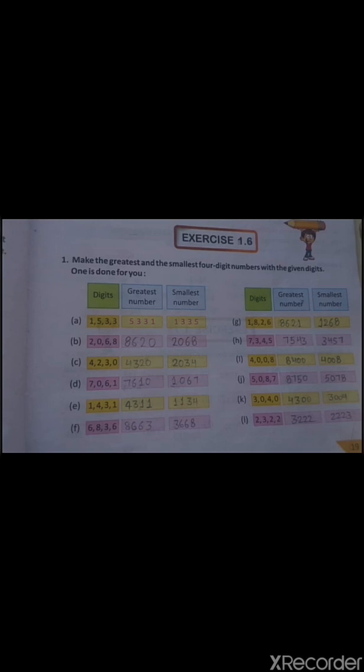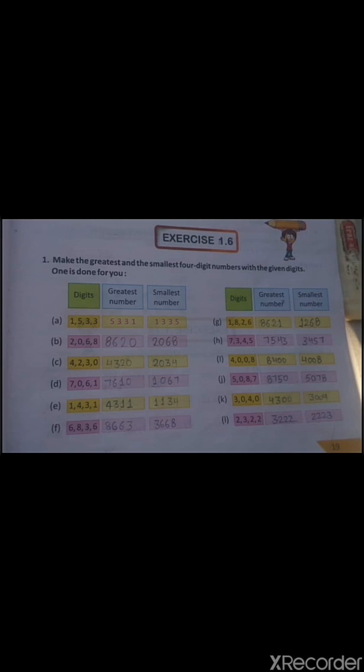The greatest number is 8663 and the smallest number is 3668. G is 1826. The greatest number is 8621 and the smallest number is 1268.